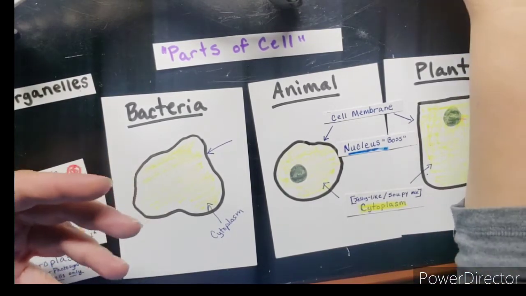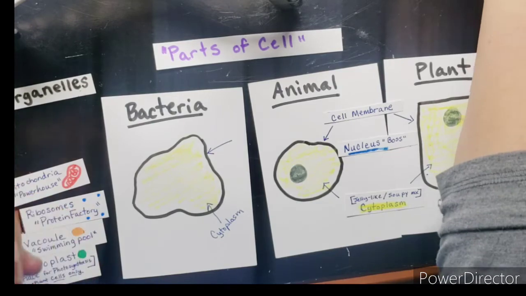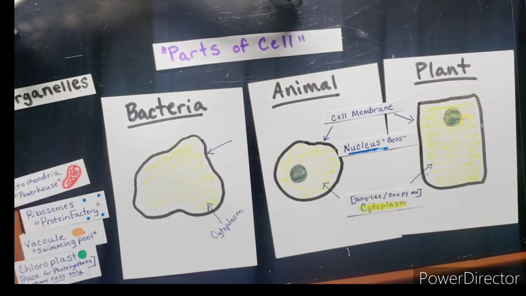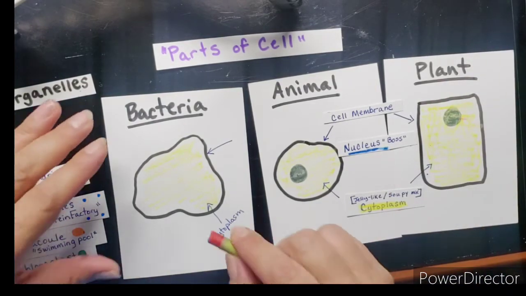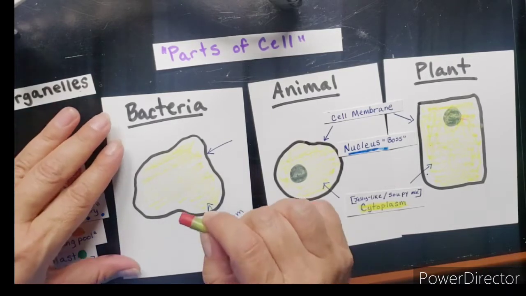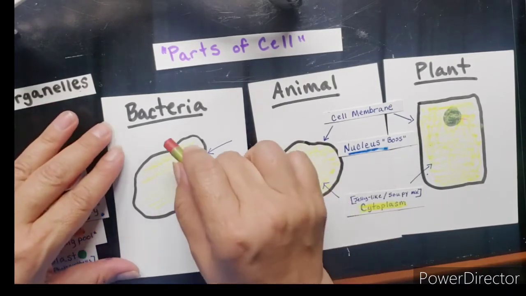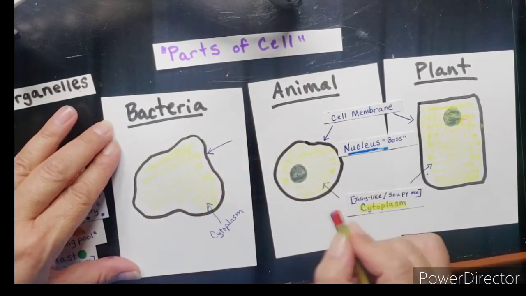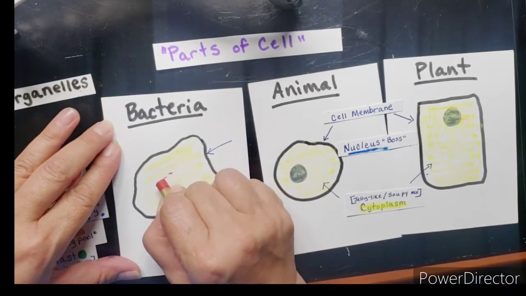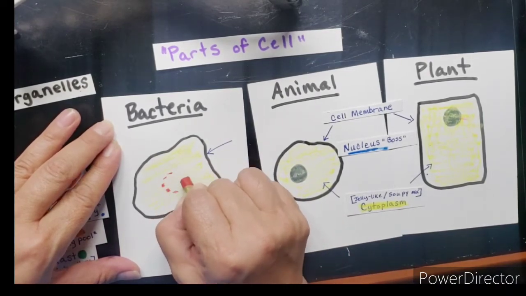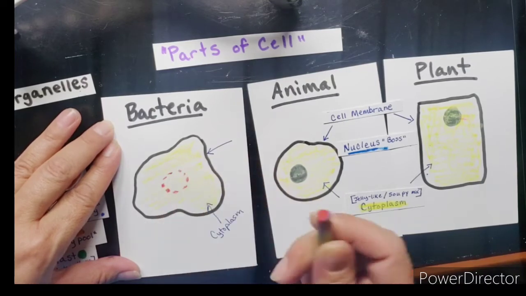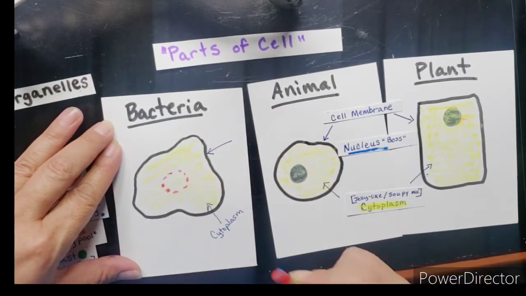Those are eukaryotic cells, but the bacteria is a unicellular organism, so it's only one cell, and it's also really basic. So it's prokaryotic. It's before there's even a nucleus. So I'm just going to kind of draw the shape of what it would be if it did form a whole nucleus.